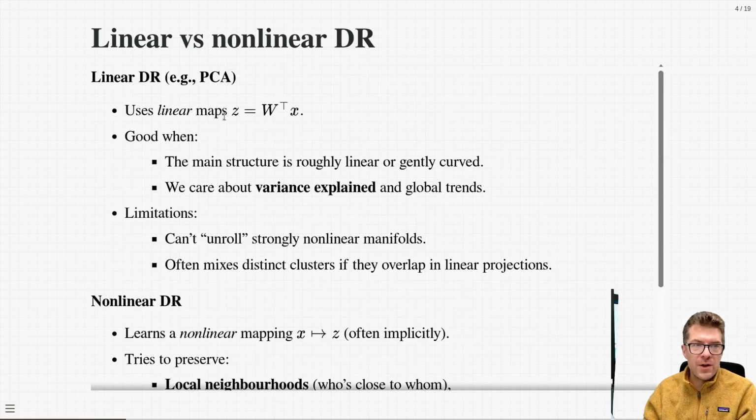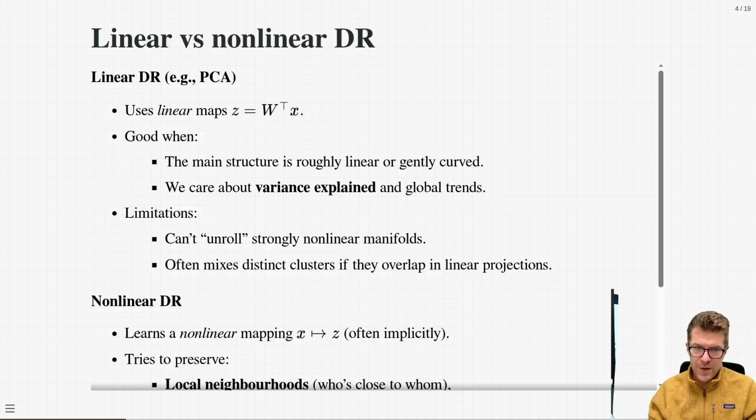So very briefly, linear versus nonlinear dimensionality reduction. We saw linear dimensionality reduction with PCA. This is linear maps, this kind of big matrix W, which we just multiply by X, and this gives us a transformation Z. This is good in unsupervised context especially. It's good when the main structure is roughly linear or gently curved, like these big blobs in space we saw in the previous module.